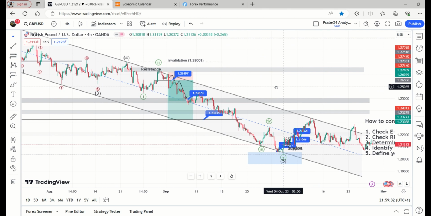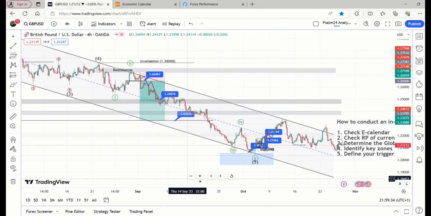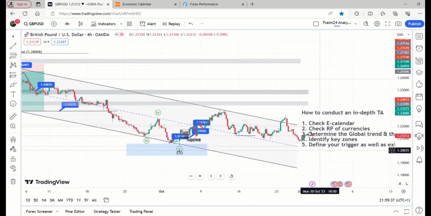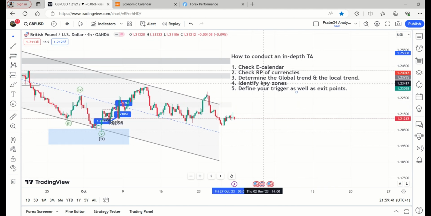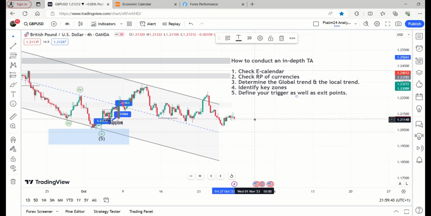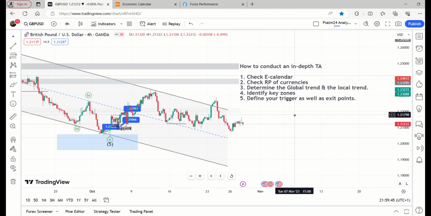and then for we traders, the best factor that should prompt you to enter a position is when the global trend and the local trend are in harmony, when there is a synchronization between the global trend and the local trend.